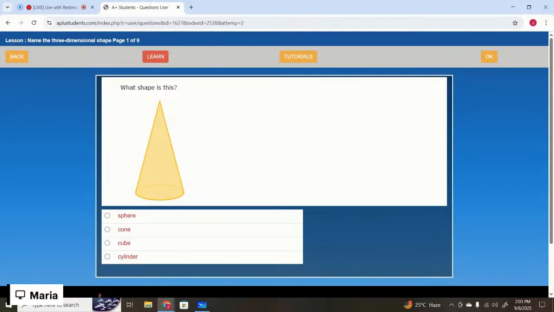What shape is this? Sphere, cone, cube, or cylinder? This is a cone. Option number 2 is the correct option.